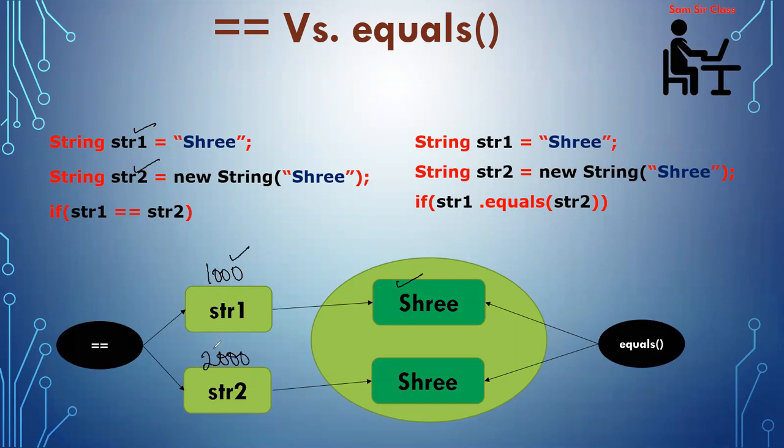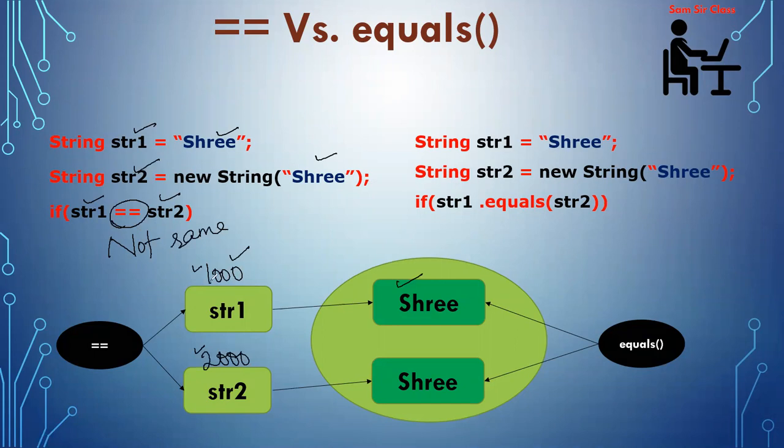Clear? So if you use double equals to compare two strings, the content will never be compared. The address will be compared for the strings. You may think that by using the equals operator you are comparing the two values, so the output should say both values are the same, but you will get the output as not the same. Why?